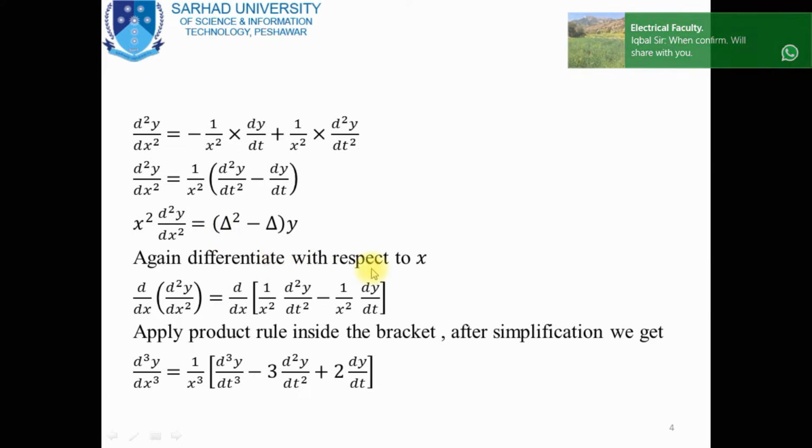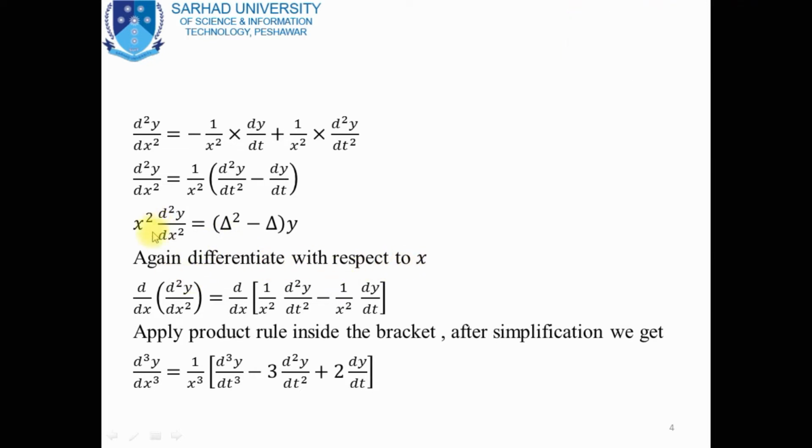Again differentiating with respect to x, d/dx of d²y/dx² is equal to d/dx of (1 over x² d²y/dt² minus 1 over x² dy/dt). Apply the product rule inside the bracket. After simplification, we get d³y/dx³ is equal to 1 over x³ into (d³y/dt³ minus 3 d²y/dt² plus 2 dy/dt).